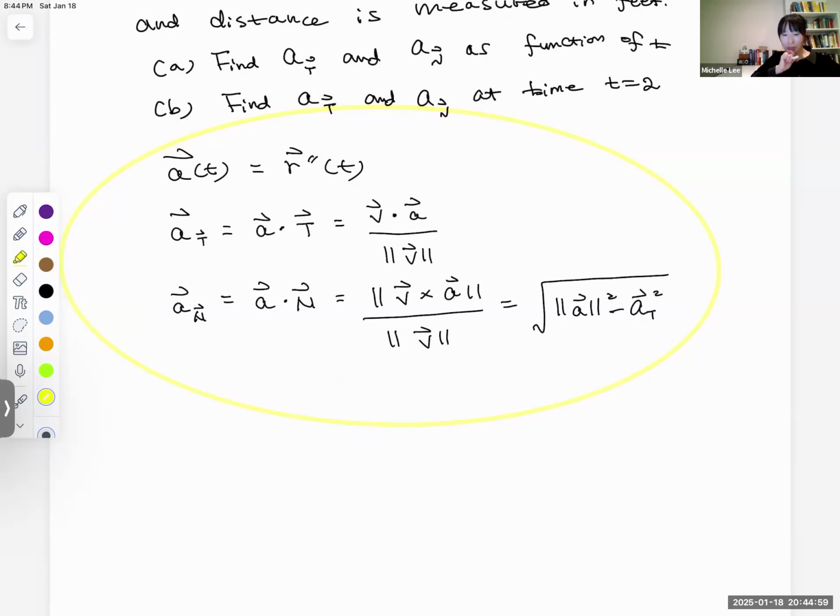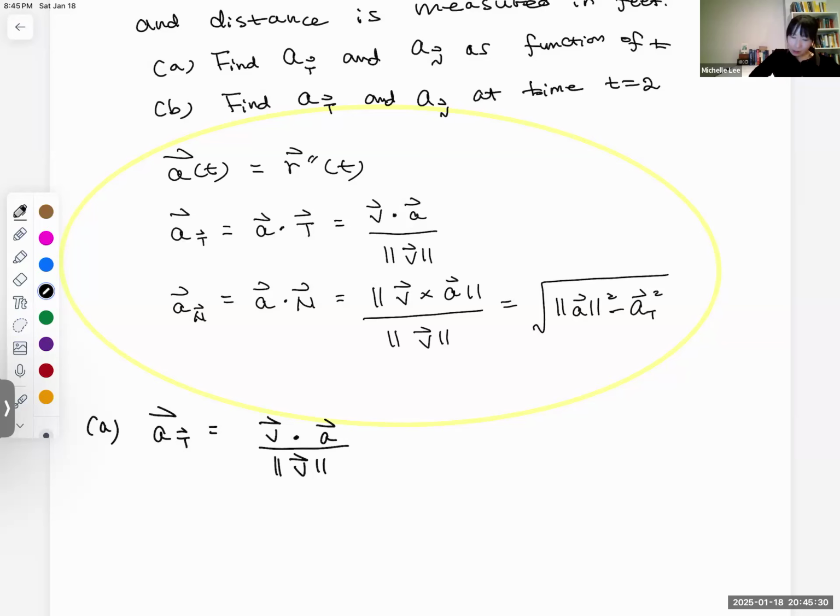First of all, the tangential acceleration. It's the dot product of the velocity vector with the acceleration vector over the magnitude of velocity, right?